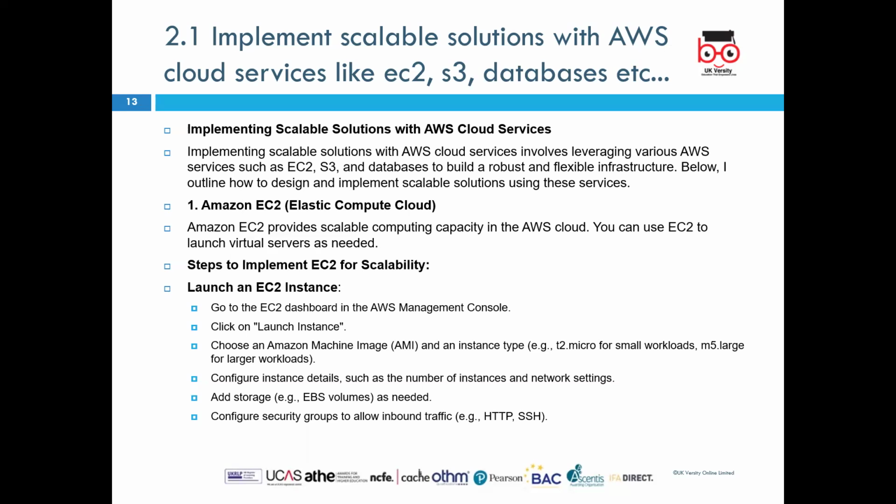We can use EC2 to launch virtual server machines as we need. Depending on what type of service, storage, database, and network security we need, we'll launch these virtual machines. So here we have some steps of how to do that.